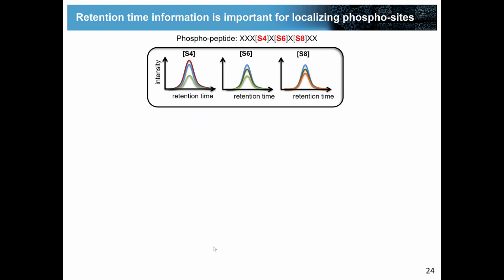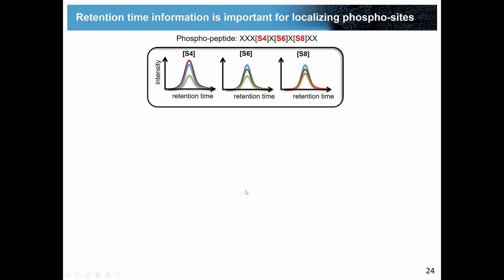Okay, to once more repeat that and make this very clear. What I hope you understand from this presentation is that in order to localize phosphosites and to tell phosphosites apart from each other, retention time information really matters.